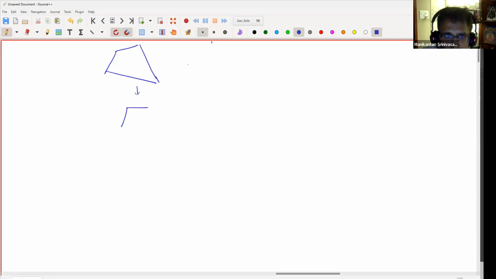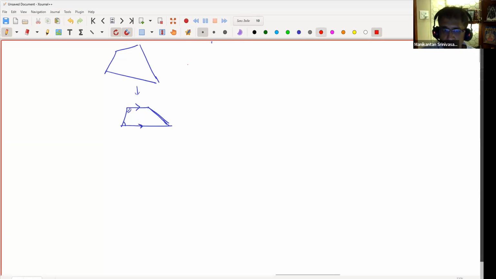A trapezium is where you have one pair of opposite sides which is parallel. As a result of this, the top angle and the two angles which are marked here will be supplementary because they are co-interior angles.